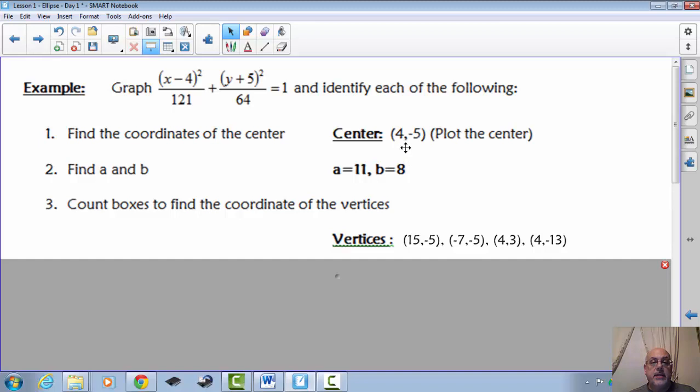You start at the center again, and you count up 8, which gives you (4, 3). You go back to the center, you count down 8, and that's (4, -13). I'll show the graph in a minute. So for now, count those boxes and plot those points that are there. Pause the screencast if you need to, and then come back to this.